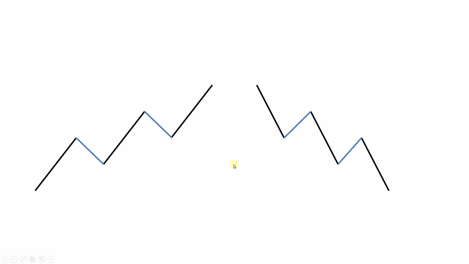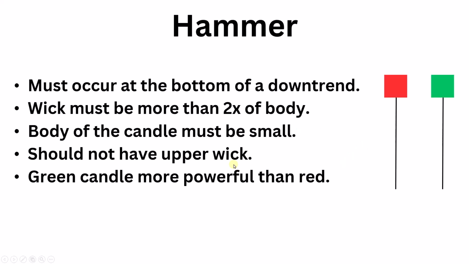Now, let us proceed and learn about the hammer candlestick pattern. Hammer looks like this. Okay, this is a hammer, this is also a hammer. This hammer has certain features, and the features should appear for us to consider this a hammer.